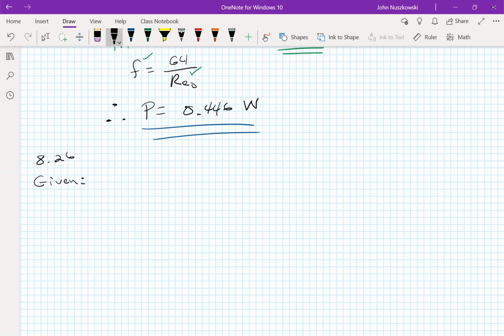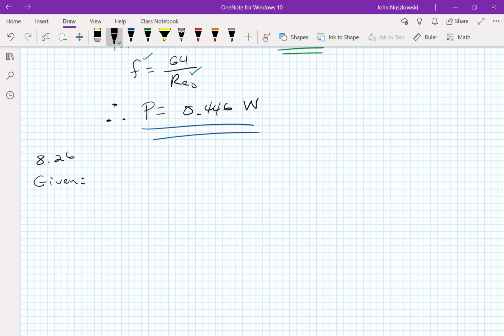The air mass flow rate is 270 times 10 to the negative 6 kilograms per second. And part A is if the tube surface temperature at the exit, Ts,o, is equal to 160 degrees Celsius, determine the heat rate entering the tube, evaluate properties at temperature equal to 400 Kelvin.